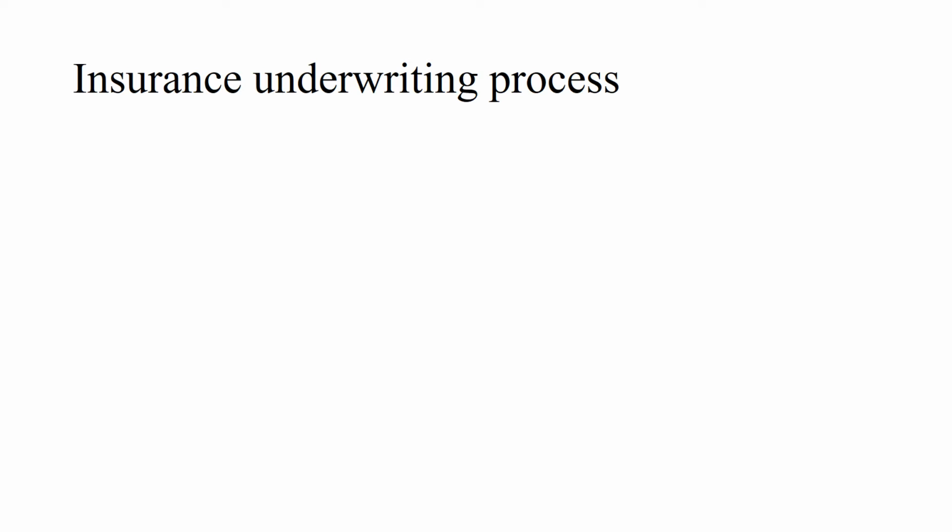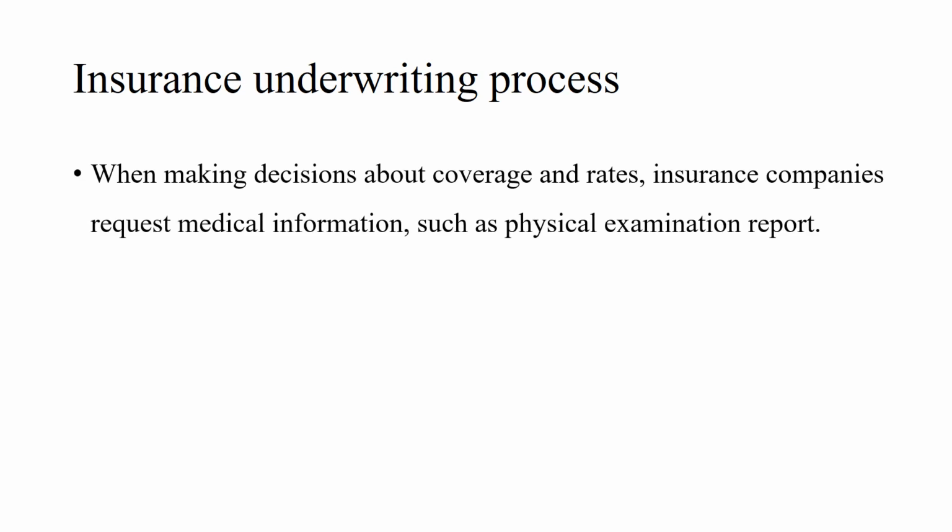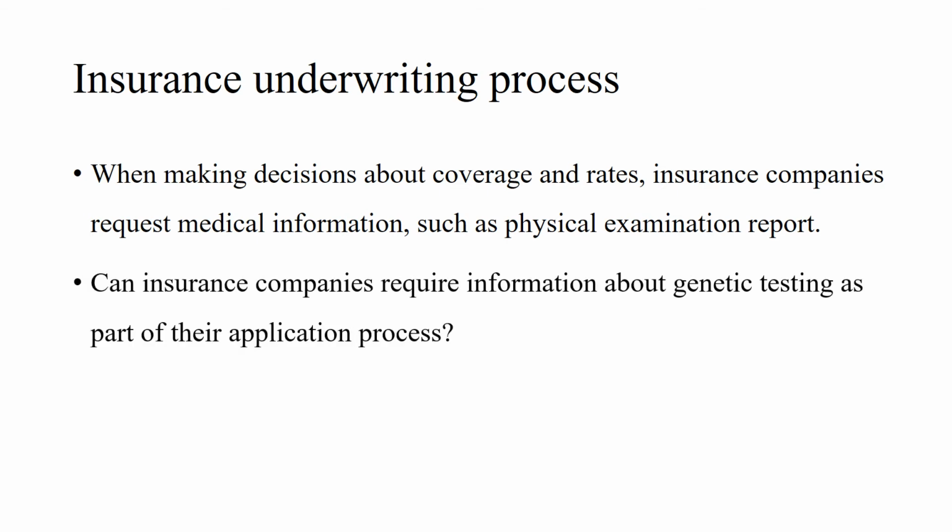We know that during the insurance underwriting process, the insurance underwriter can ask you to provide your physical examination report. The underwriter can also ask you your health history. An important question is that can insurance companies require information about genetic testing as part of their application process?